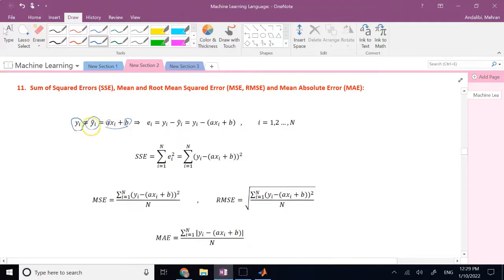Definitely y and y hat are not the same, otherwise you would not really have any regression, right? It's going to be a perfect case of curve fitting, and it barely happens in real life. It means there is no randomness in your system.